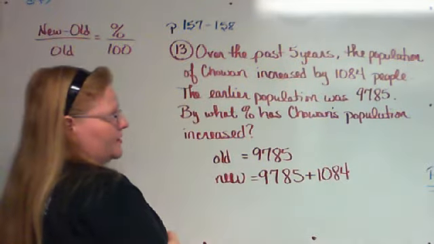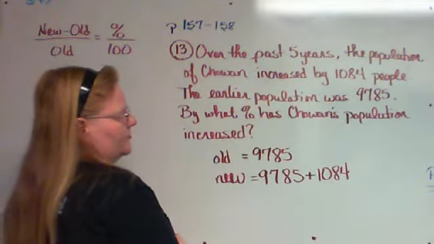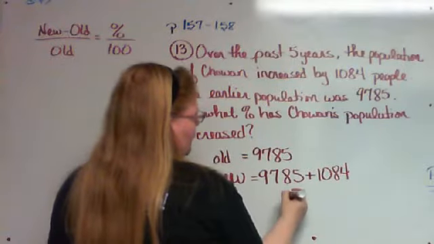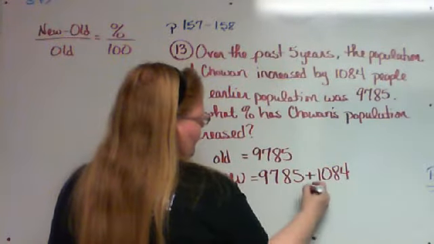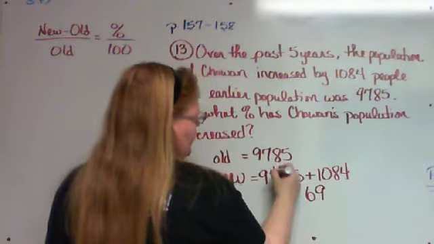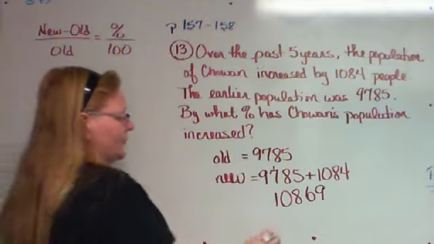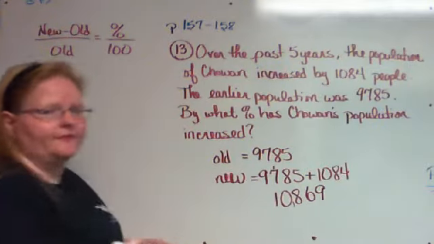So that's going to be plus my 1,084, which tells me that that's going to be 9, 6, carry my 1, 8, 10,869 is my new population. Pretty good increase for a little town.